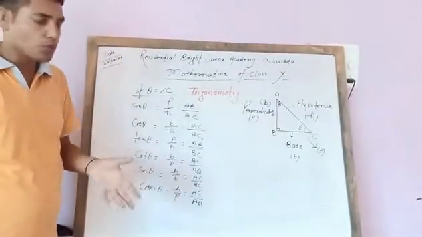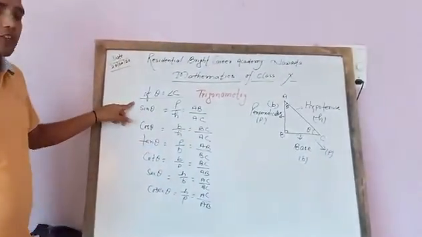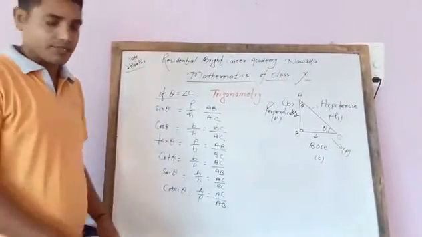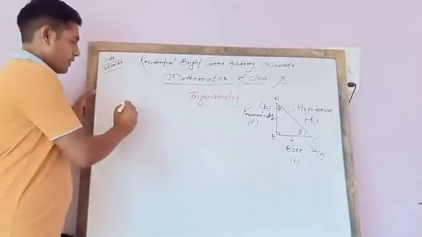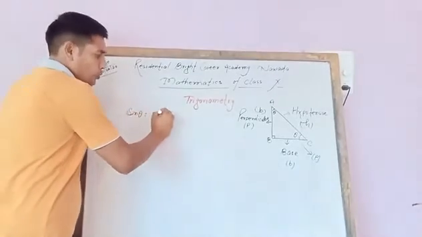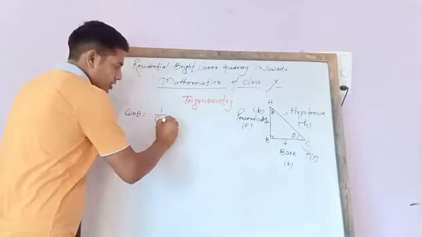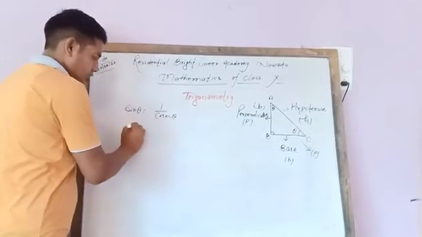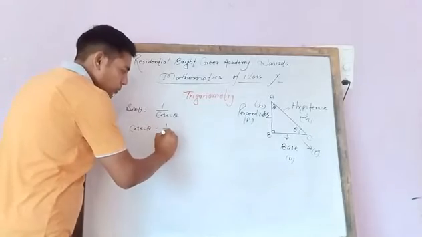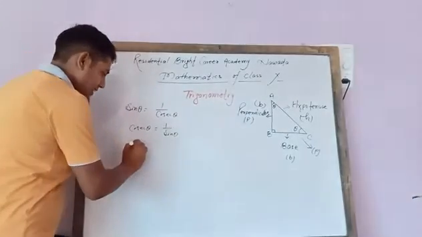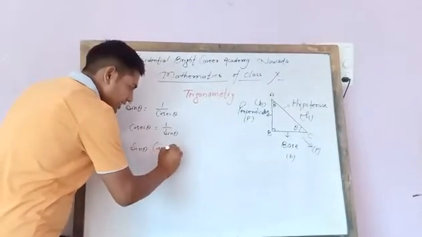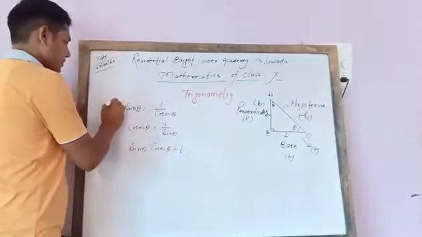We also have to know about the inverse of sin theta, cos theta and tan theta. Sin theta is equal to 1 by cosec theta. So, cosec theta is equal to 1 upon sin theta, and sin theta into cosec theta is equal to 1.